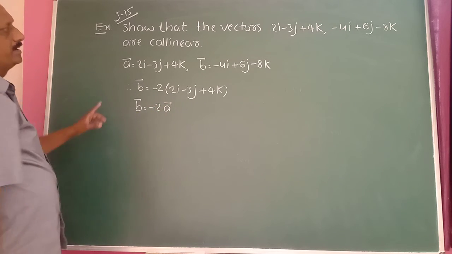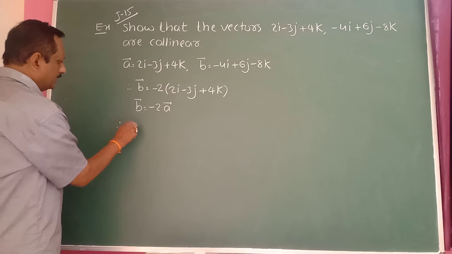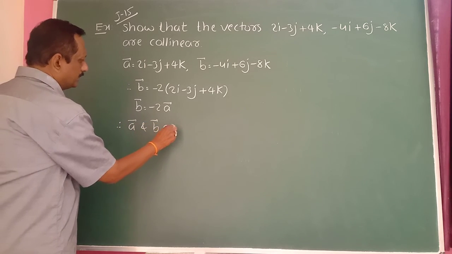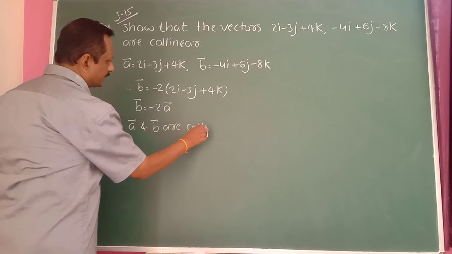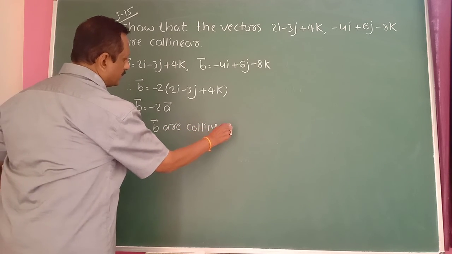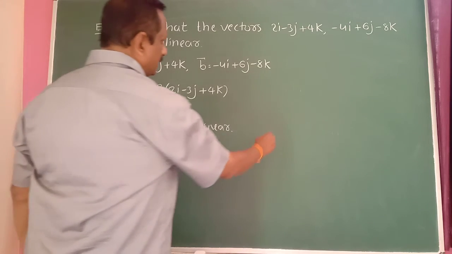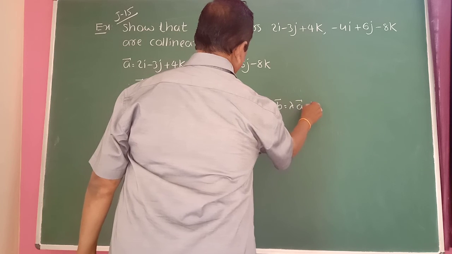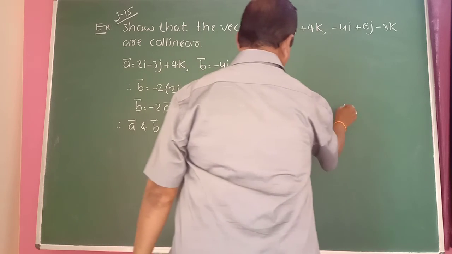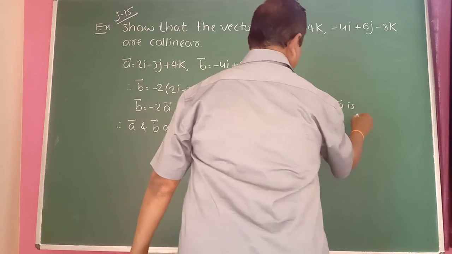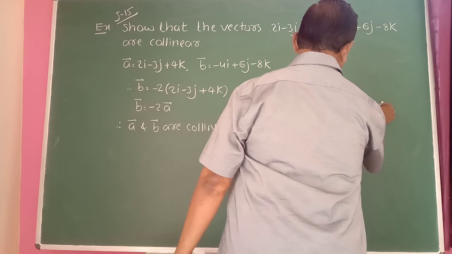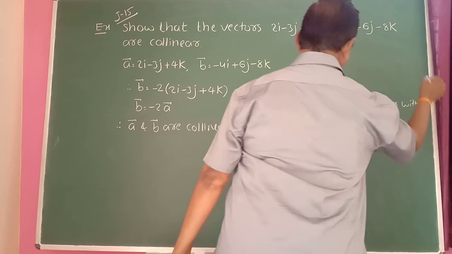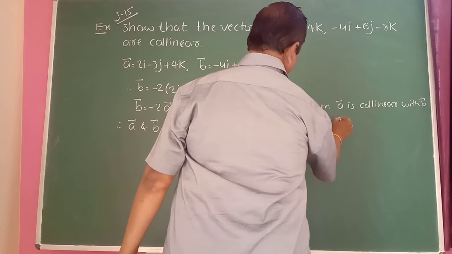Hence a bar and b bar are collinear, because there is a definition here. If b bar is equal to lambda into a bar, then a bar is collinear with b bar, or parallel also.